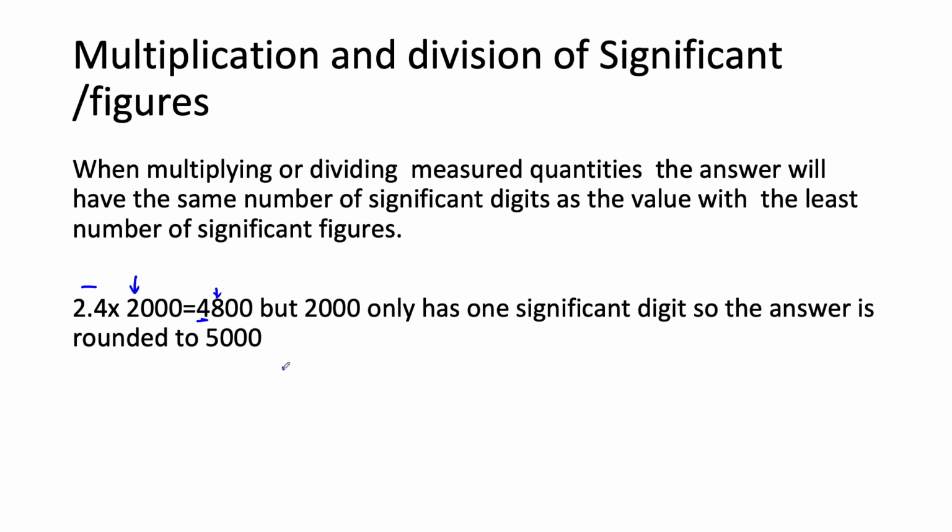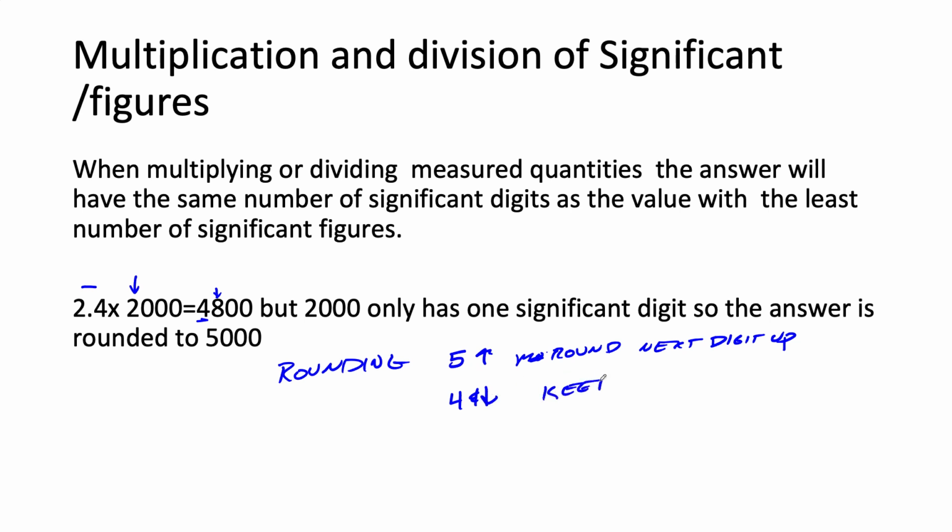So we're rounding. I'll put this here. 5 and higher, round up. Round the next digit up. 4 and lower, keep the next digit the same.